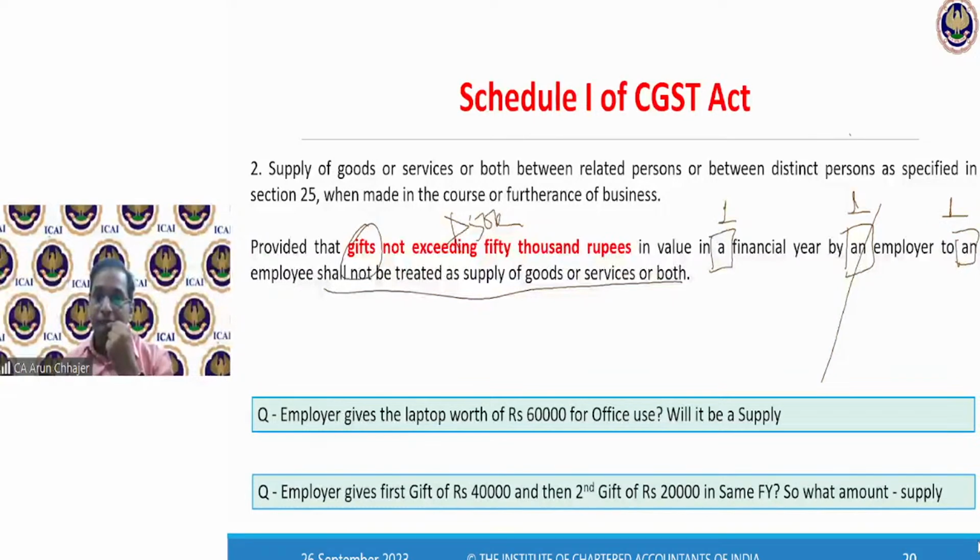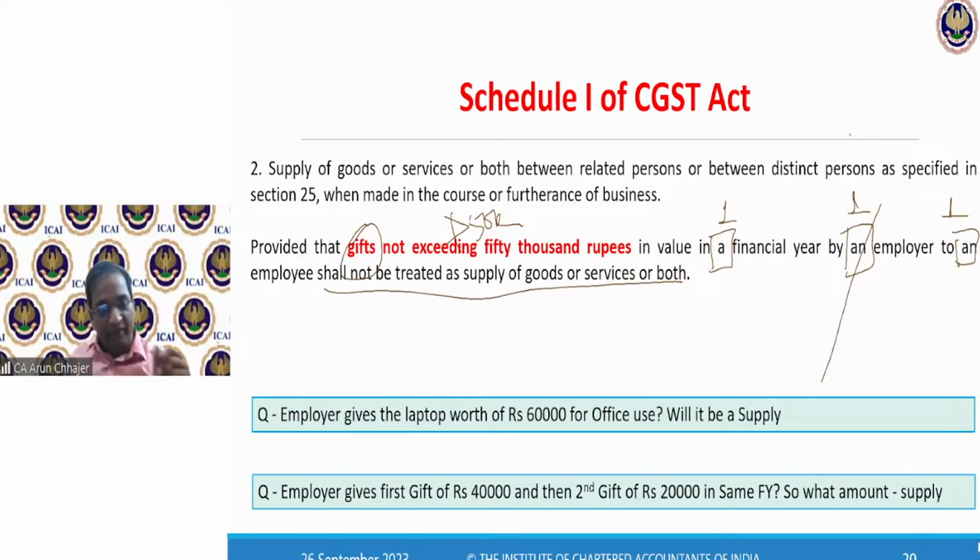Mr. A is getting 60,000 gift from one employer only. But first gift 40,000, second gift 20,000. Will it be taxable? Entire 60 would be taxable, or 40 plus 20, 60 minus 50, 10 would be taxable, or second gift 20 would be taxable, or nothing is taxable.